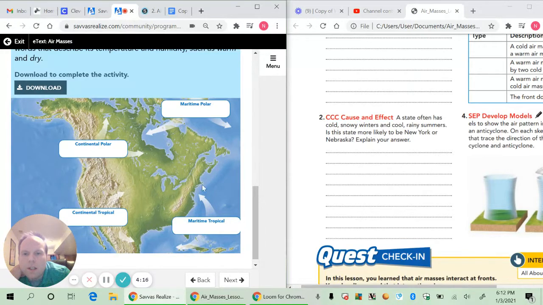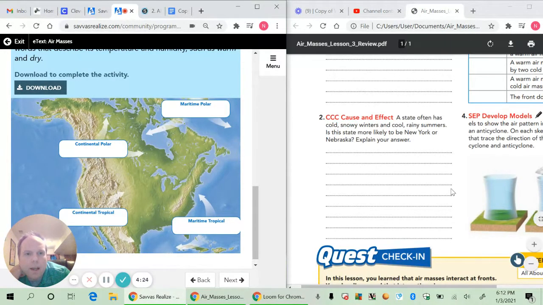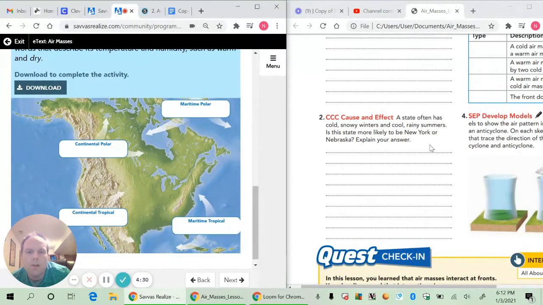And in New York, you're going to have a lot of maritime air masses, as well as continental polar air masses that can impact you. So I want you to think about what you know about the weather around us, close to Minnesota, Nebraska, and compare that to the weather in New York. And which of these states do you think is often going to have cold, snowy winters and cool, rainy summers?